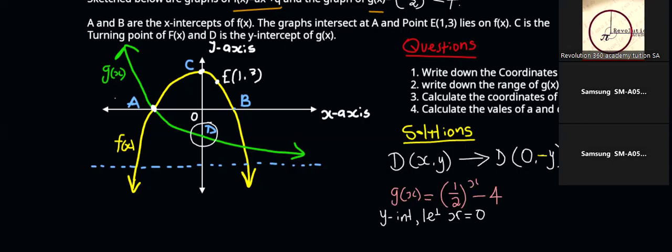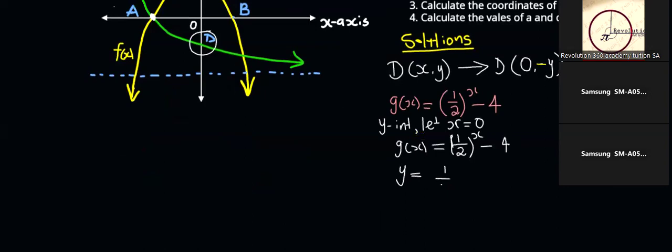The next step you need to do is this: g of x is the same as y, so write it as y equals 1 over 2 to the exponent of x, then minus 4. And now since you said let x equal 0, you are substituting x equals 0. It means where you see x, you're going to put 0. So that will be 1 over 2.